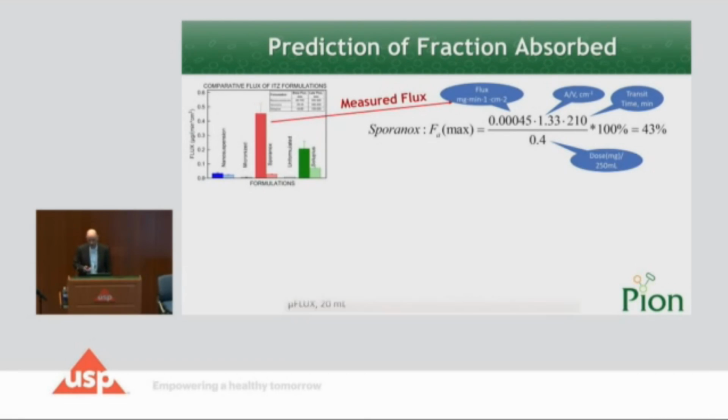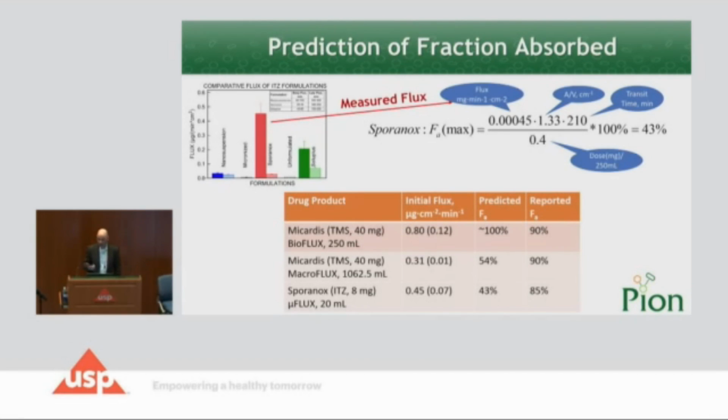We did it for a couple of formulations, including itraconazole, and I also tried to show the reported absorption value. For example, for Micardis, telmisartan, the reported fraction absorbed is 90%. We get 100%, so we slightly overestimated. For Sporanox, the reported fraction absorbed is 85%, and we calculated 43%.